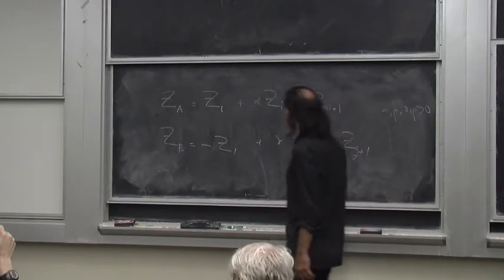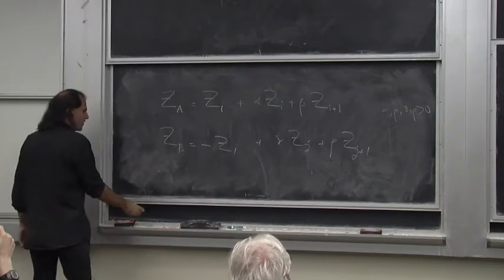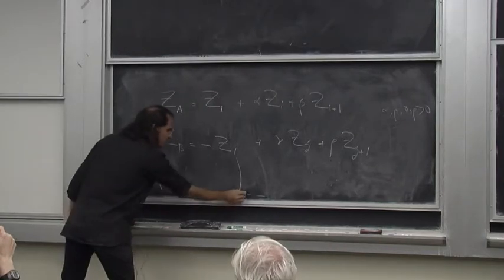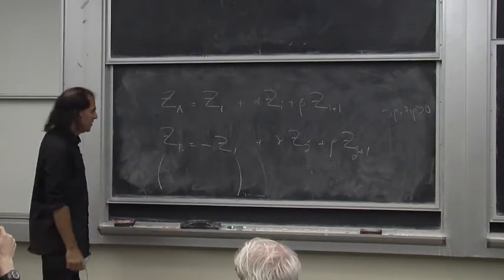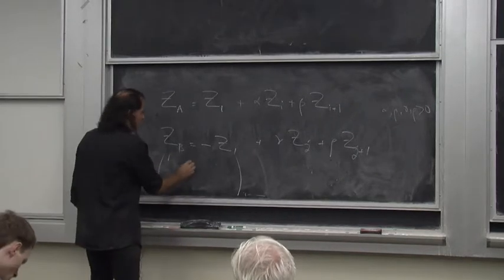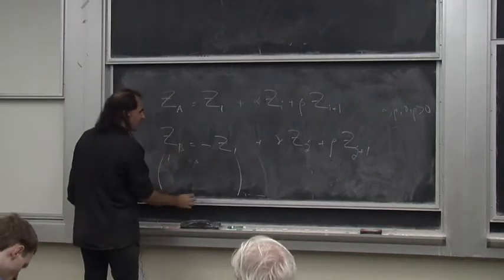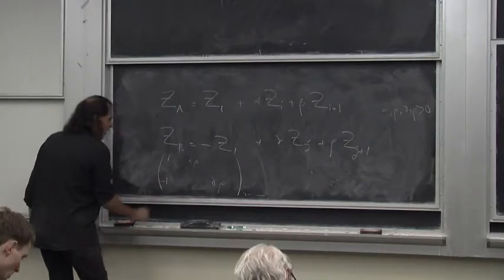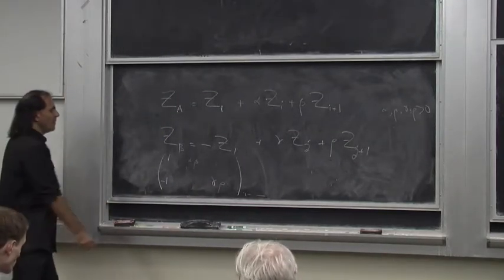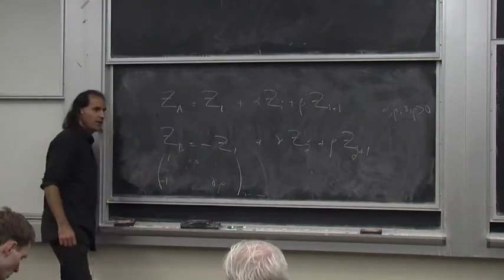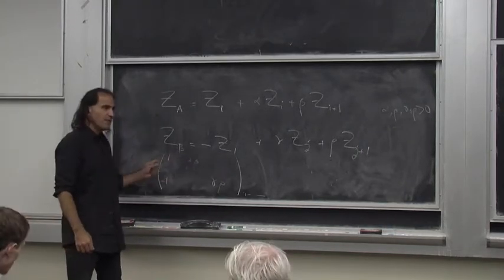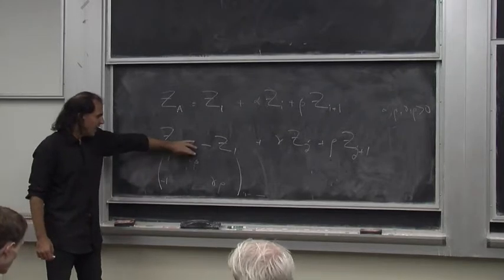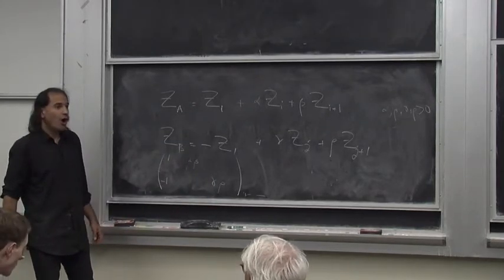Now, why do I put all these funny signs? It's because I know ahead of time that I need to write this as a positive matrix. So it's going to look like an alpha and a beta and a gamma and a rho. And if I put a minus sign here, then all the minors of this 2 by n matrix are positive when alpha, beta, gamma, rho are positive.